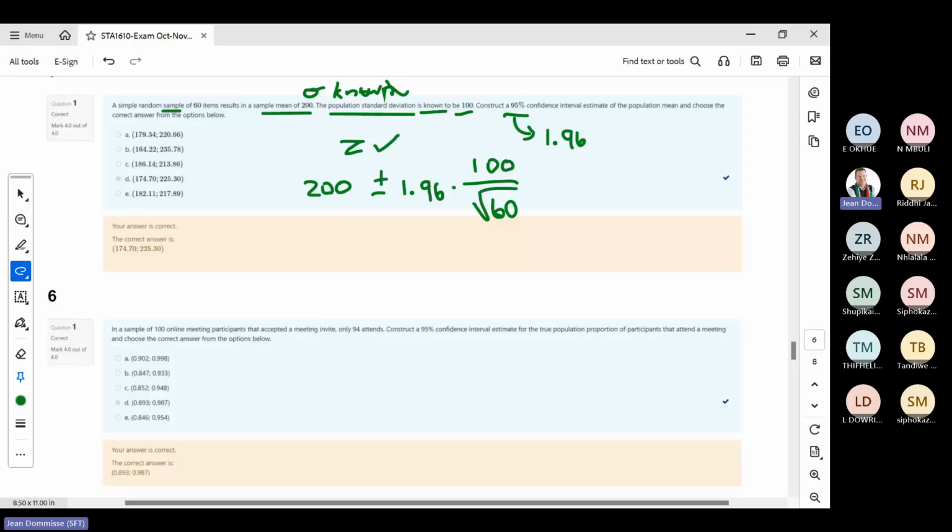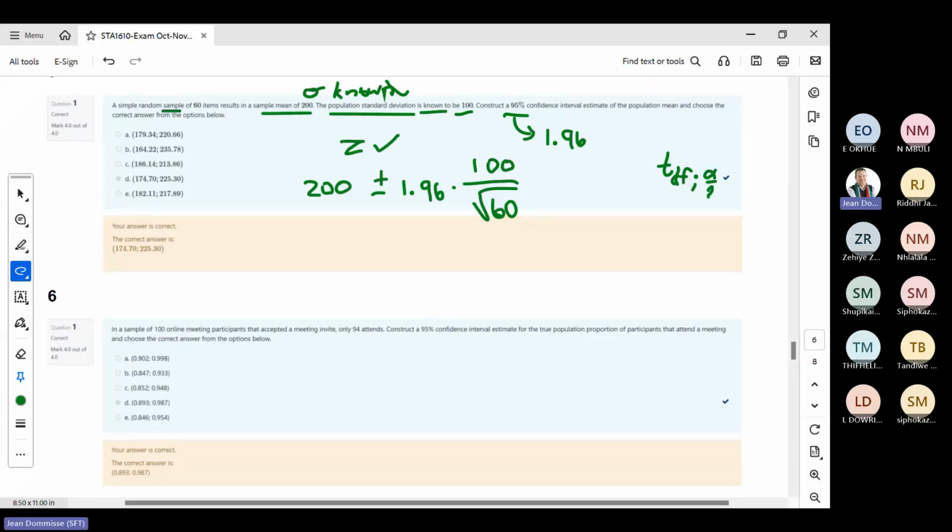But the important thing here was we need to identify standard deviation known or unknown. Here they tell us population standard deviation is known. So we're all cool with that. So then it makes it easier to use the Z. If it was unknown, then we would need to do a T. Then the T has degrees of freedom, and then alpha divided by 2.